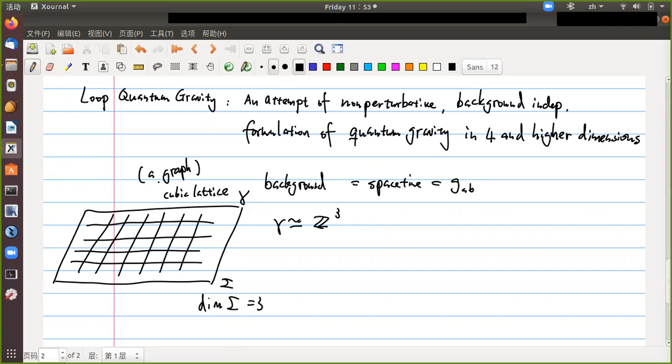Ignore the property that it is finite or infinite. Suppose this is infinite, then this is just Z3. Gamma is just Z3. To be more precise, these are the vertices of gamma.